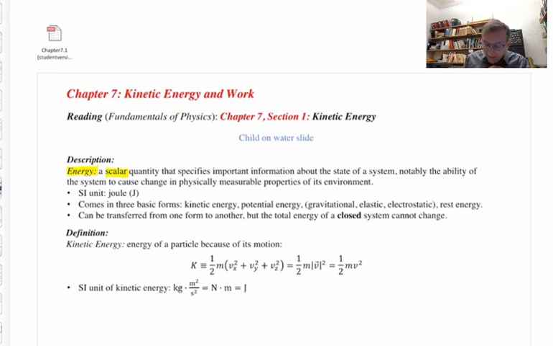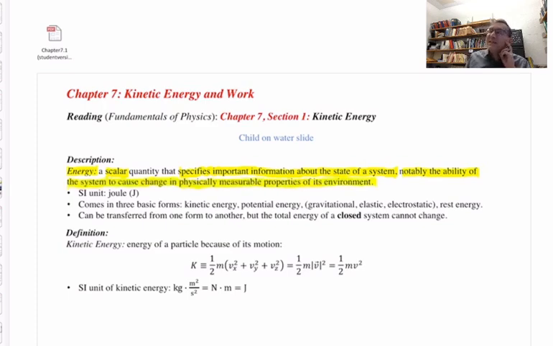It's a scalar. That should make us happy, right? So energy is a scalar quantity that specifies important information about the state of a system. Told you it's going to be a little bit vague. Important information about the state of a system. Notably, the ability of the system to cause change in physically measurable properties of its environment.